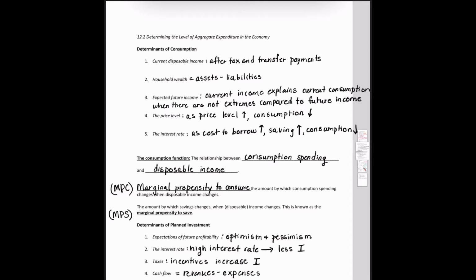When we talk about durable goods that require you to take out a loan potentially, automobiles, for example, maybe new appliances, those things. Remember, durable goods are those that last longer than 3 years. And consumption is the largest component of aggregate expenditure.